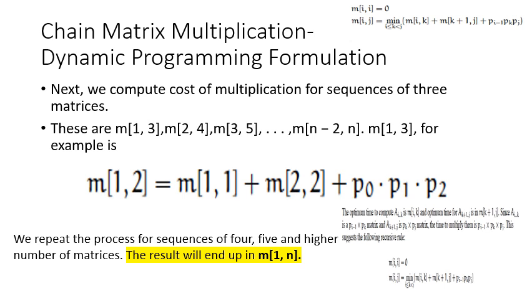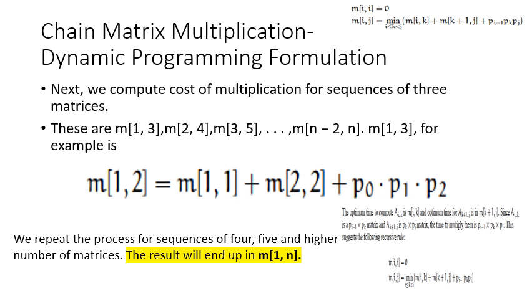So in order to multiply the matrices from 1 to 3, the possible values of k can be 1 or 2. See in this equation, the value of k is greater than or equal to i and it is less than j. So k can take the value of 1 and 2. For that we have these two equations, for k equals 1 and for k equals 2.